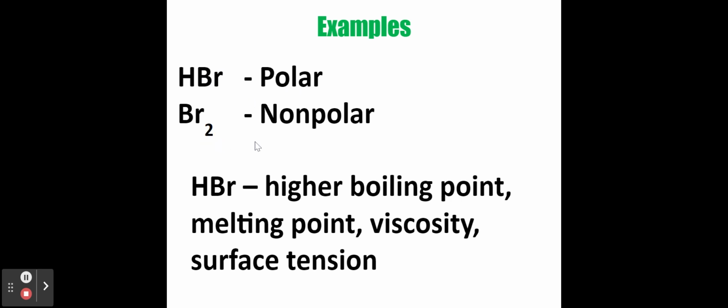Nonpolar molecules don't have those attractive forces, and so the intermolecular forces are going to be weaker between the bromine molecules. So since HBr has stronger intermolecular forces, it's going to have a higher boiling point, a higher melting point, higher viscosity and higher surface tension.